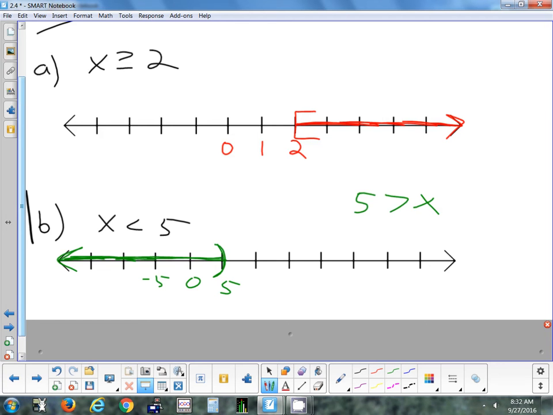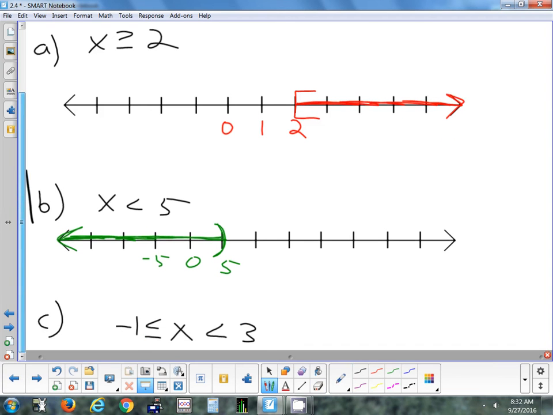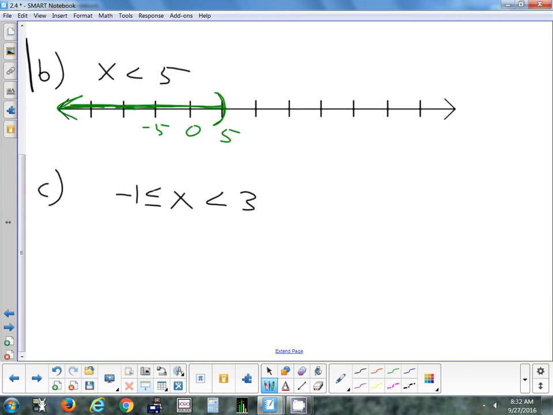But I think it's confusing when you put the variable on the right because then the symbol doesn't tell you which way to shade. Okay? So we'll stick with keeping the variable on the left. Unless we have a case where the variable is in the middle, then you have to write it this way.